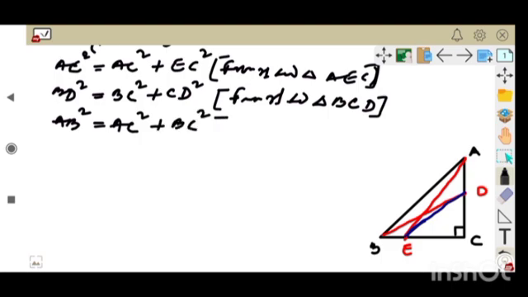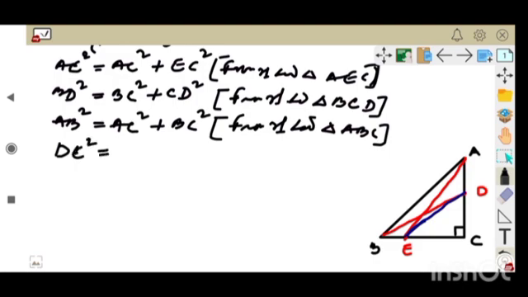Here we'll write from right angle triangle ABC. At the last we'll write DE square equal to what? DE means we have to consider triangle DCE, or you can say DEC, it's fine.